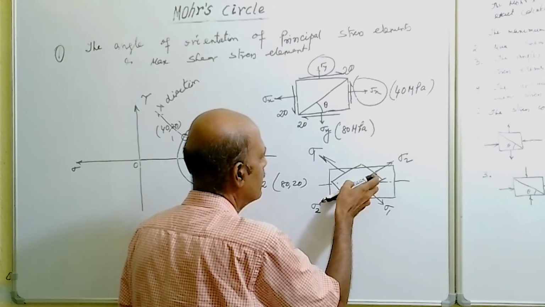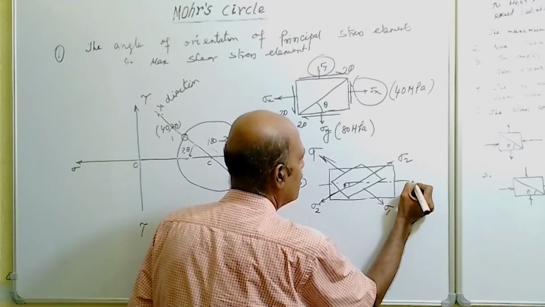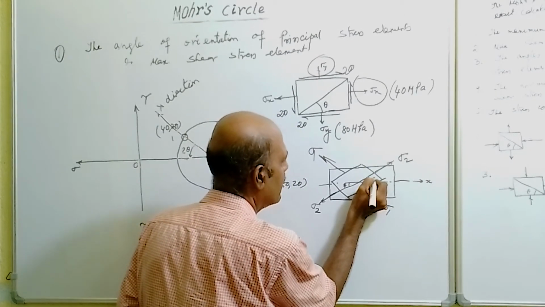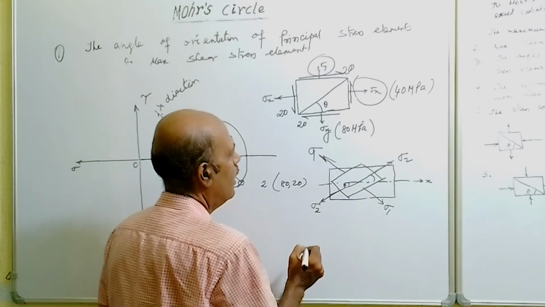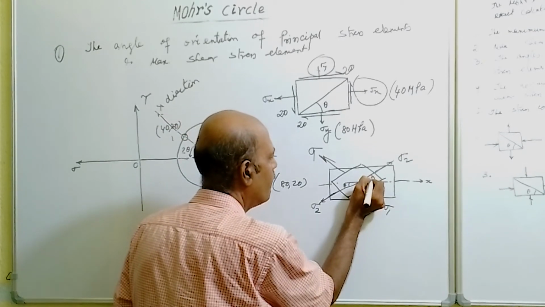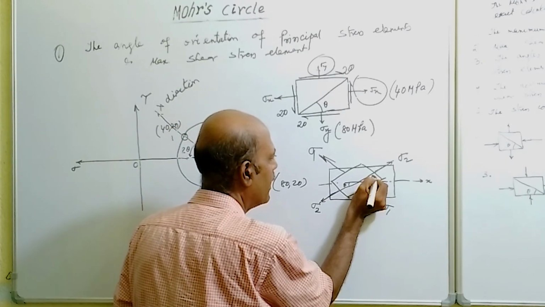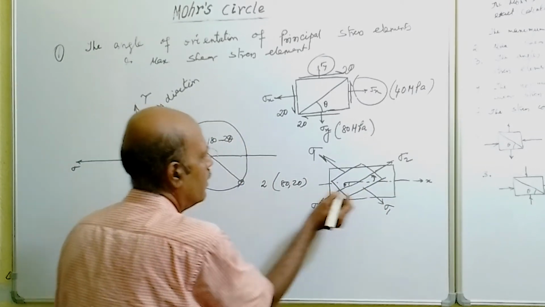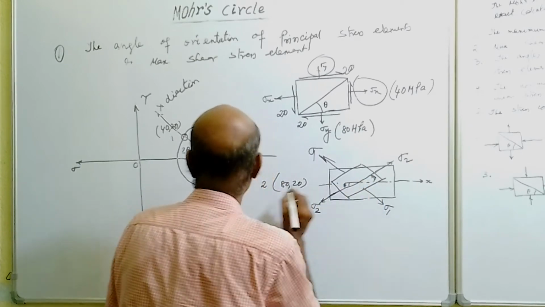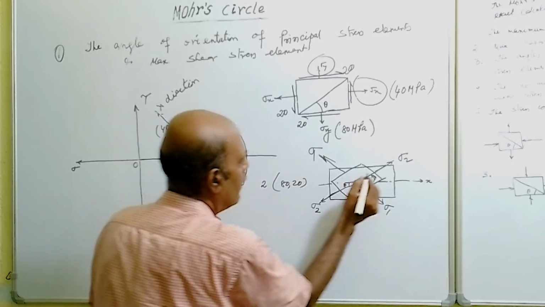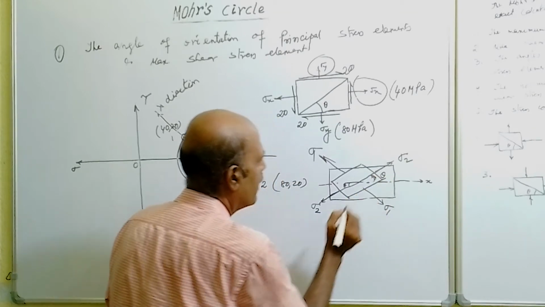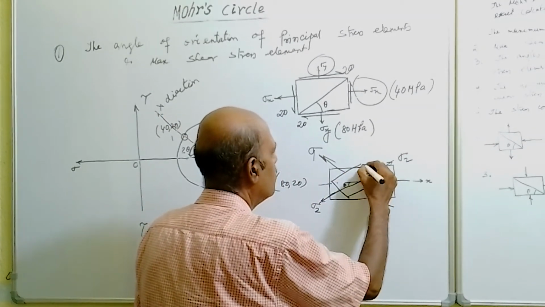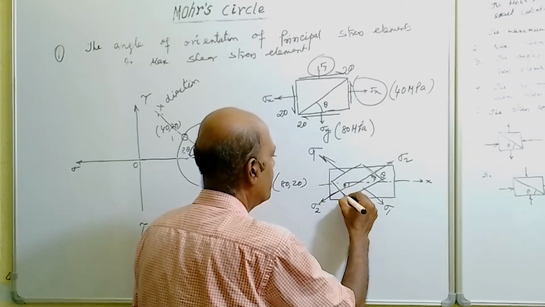If we rotate the x axis in the anticlockwise sense, here it is 2 theta angle, but in the body it will be theta angle, and draw this perpendicular, so this will be your minor principal plane.